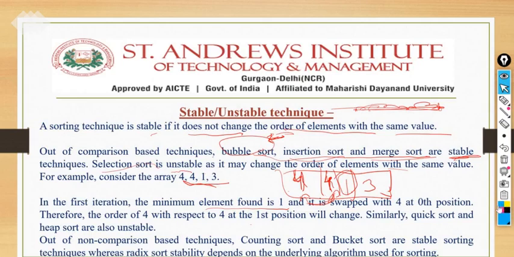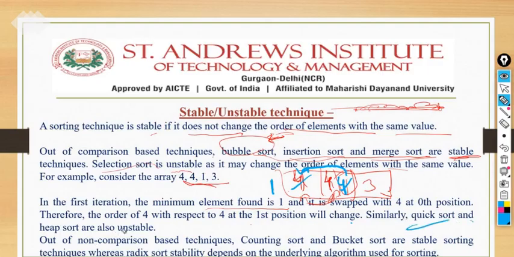So 1 comes to the 0th position and that 4 goes elsewhere. Therefore the order of the 4s changes, this 4 at the first position changes its position.